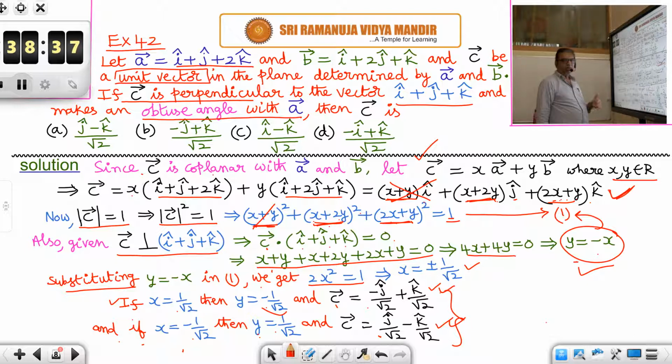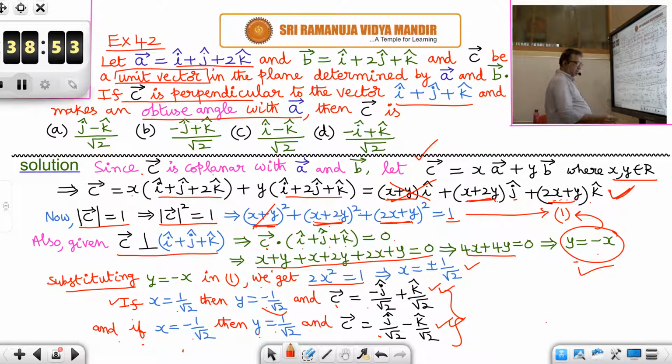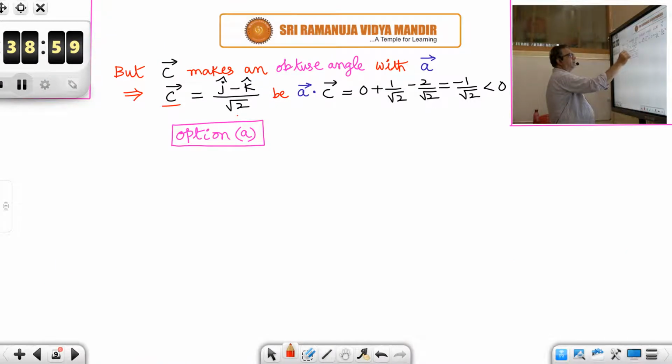Because it is making an obtuse angle, the dot product should be negative. So whichever gives a negative value, that is the correct one. So therefore C bar must be, in the second one, j minus k by root 2.